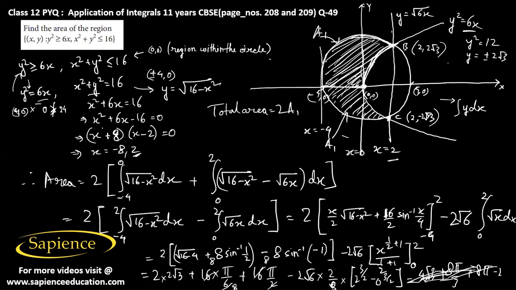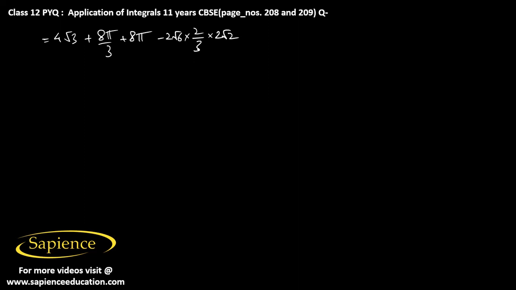Okay, so now we have to simplify this. So this will be root 3, plus 3 eights are 24, 24 plus 8, that is 32 pi by 3, minus 2 to the 4, that is 8 times root 12 by 3.